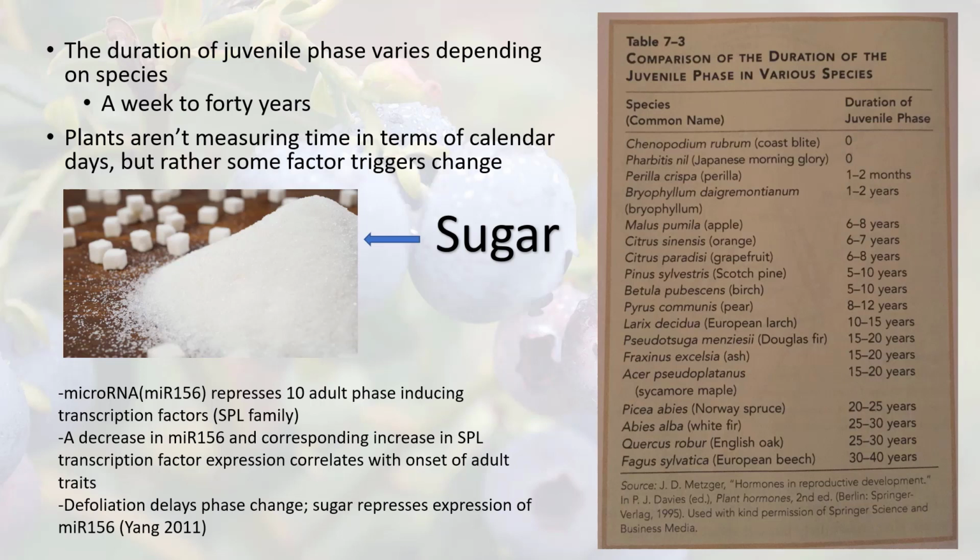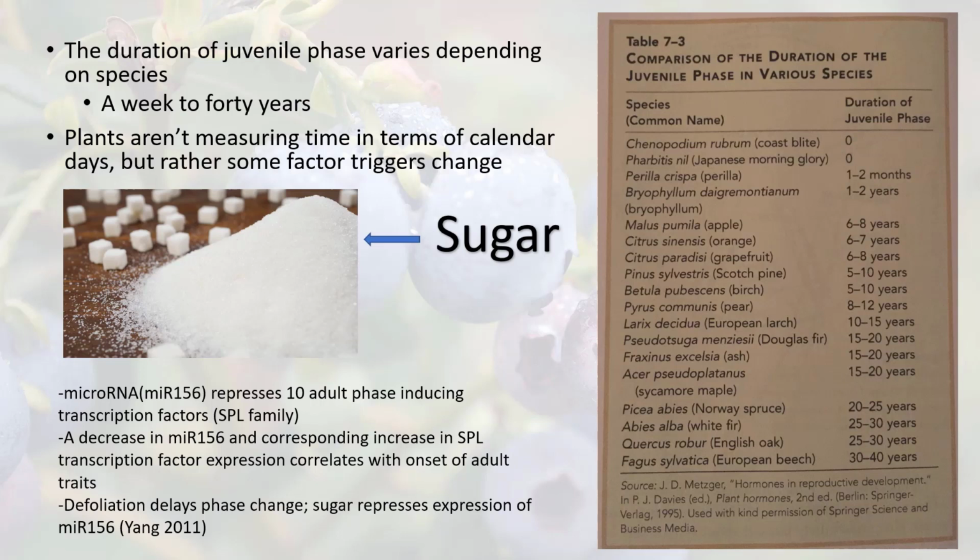However, what we found is that sugar will repress the expression of that MIR156 or those microRNA transcription factors, right? So essentially, what you need for your plant to turn, at least genetically, into a mature plant is the expression of a number of genes. And those genes are controlled by the SPL family transcription factors.